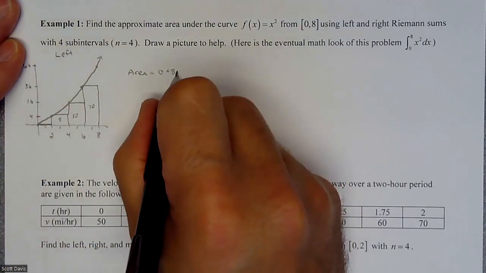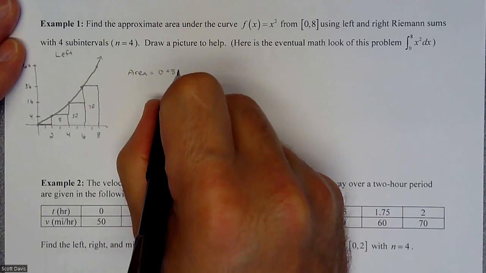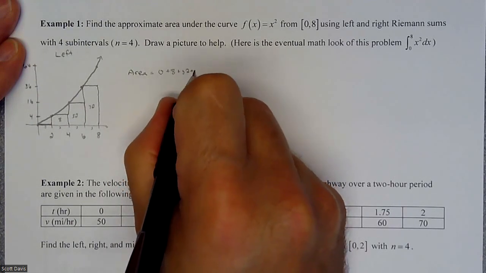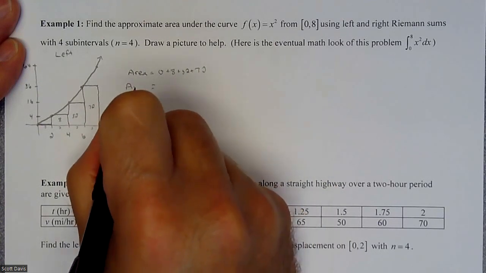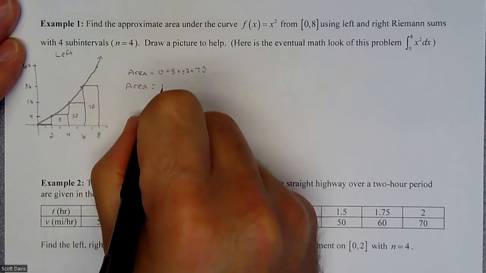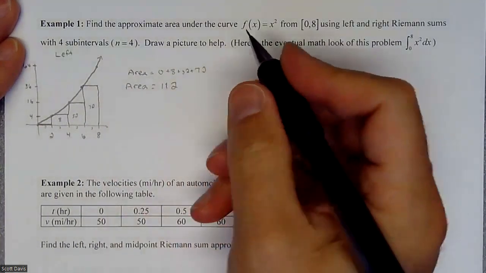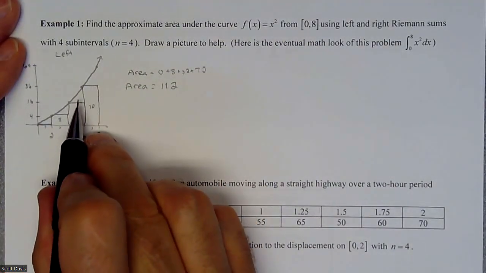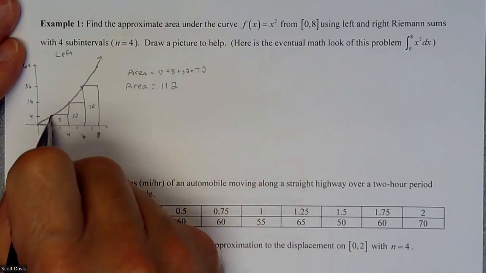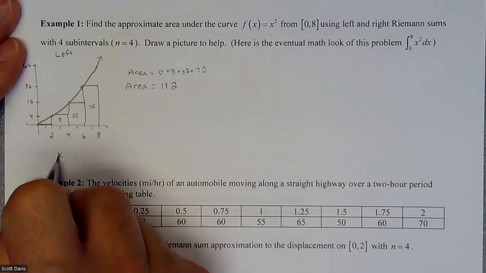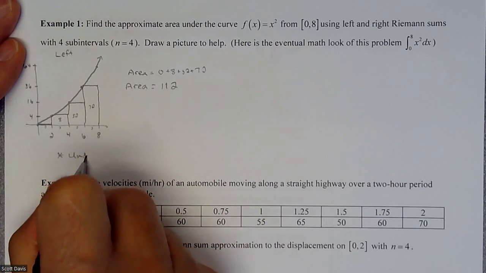So I'm going to add those areas together: 0 plus 8 plus 32 plus 72. That area is 112, and that's a rough idea of the area under the curve. However, I'm missing pieces. Because of that concave up, and I'm doing left Riemann sums, this is definitely an underestimate.